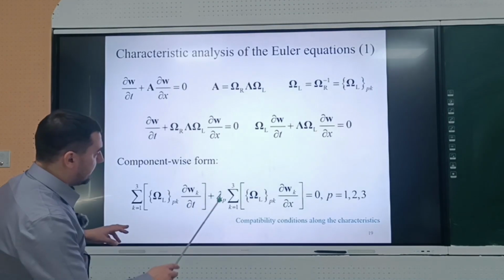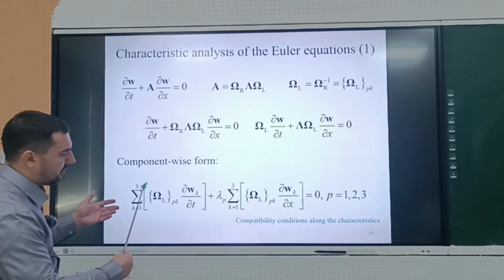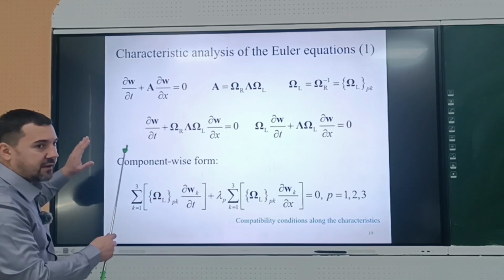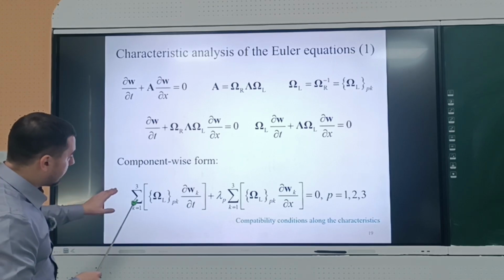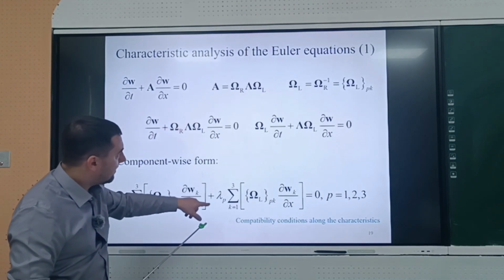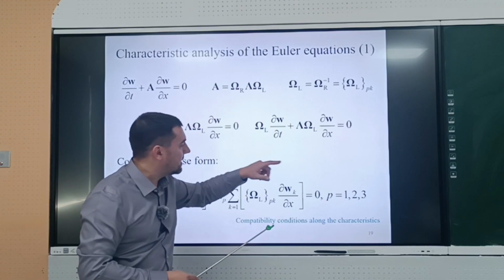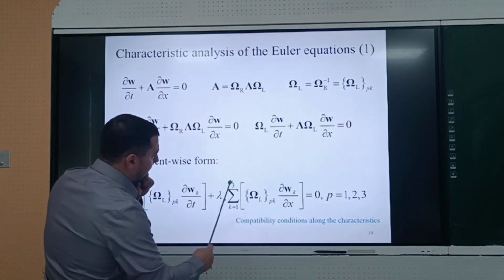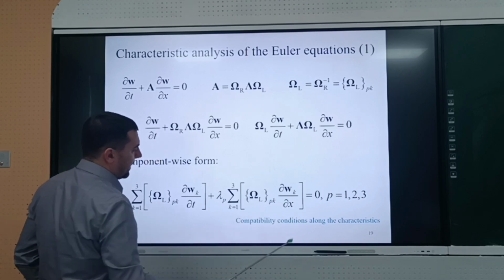I'd like to explain that it looks a little bit horrible, but actually it's very simple. All these objects have already been shown and discussed. So this is the first component of this vector, lambda p, because lambda is a diagonal matrix with all these lambdas on the diagonal, and this component. We have three rows, so p equals 1, 2, or 3.